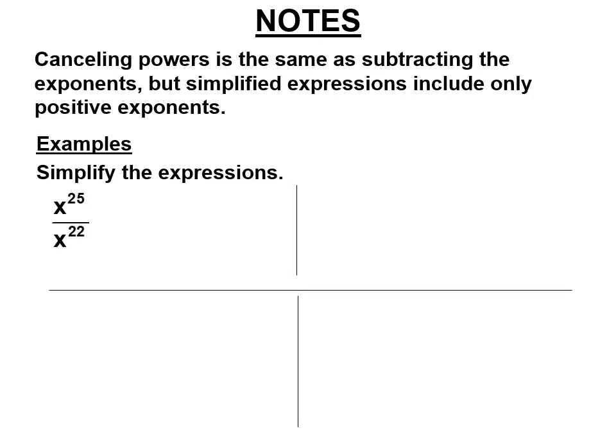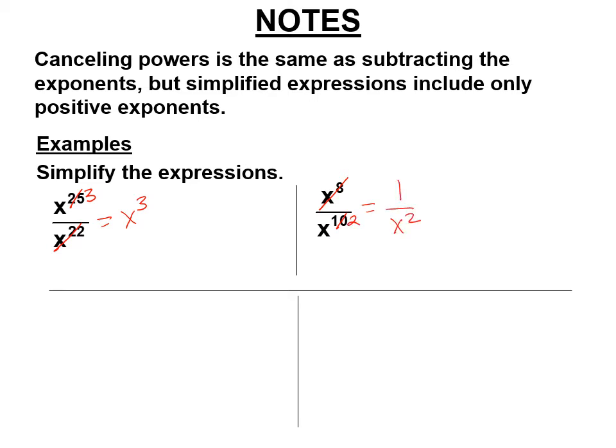All right, so now, some of you may have noticed that we're subtracting here. This is x cubed, and it's x cubed, 25 minus 22. This is the way I taught you. Cross that out, make that 1 over x squared.